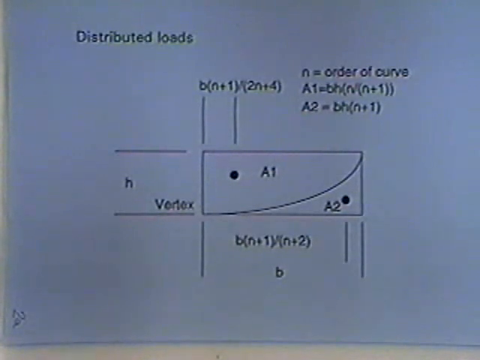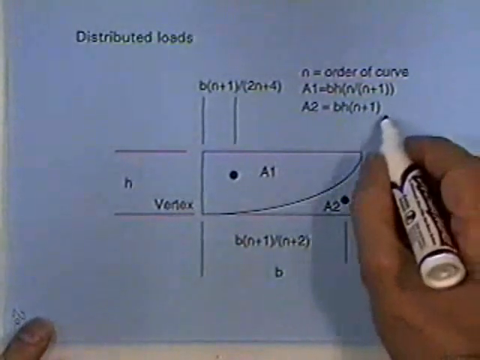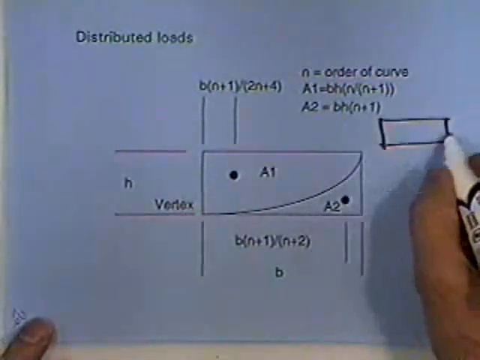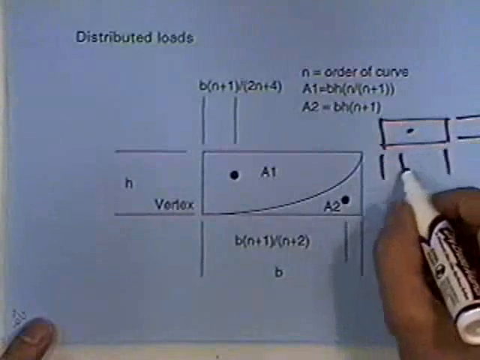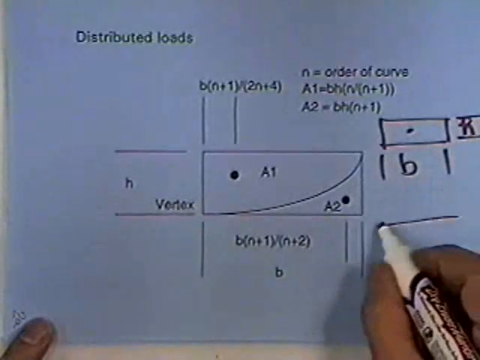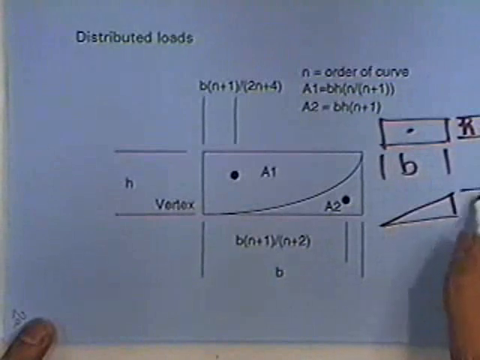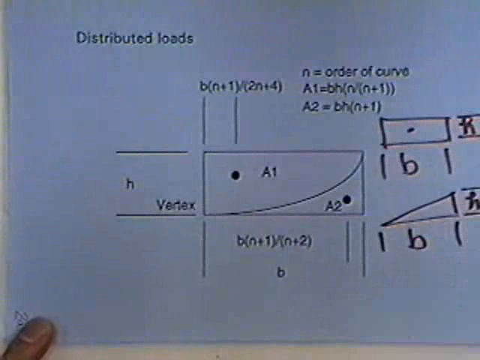The basic equation for all of this stuff, for example, for the rectangle, they fall in a very nice pattern. Base times height. For a triangle, base times height over 2.